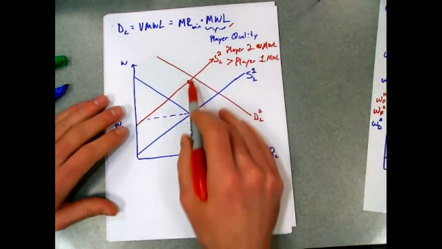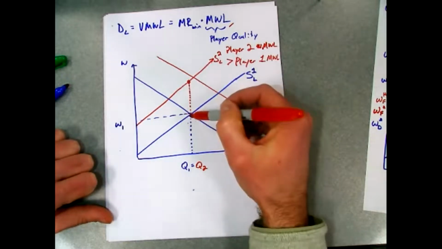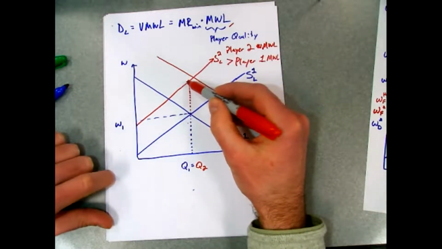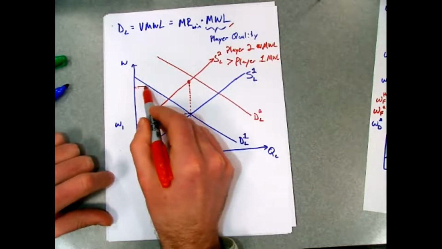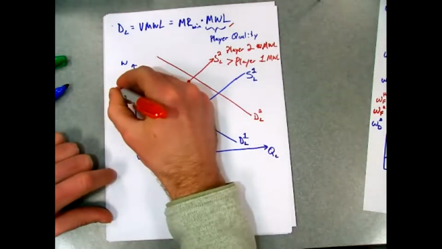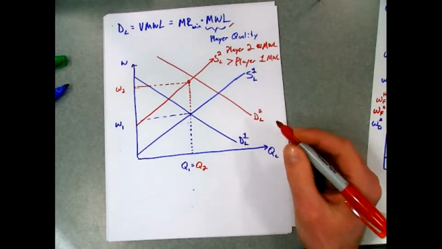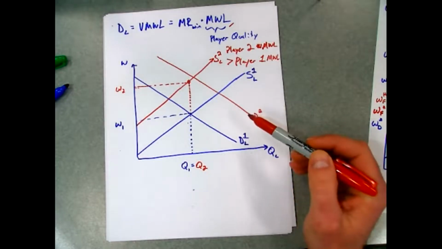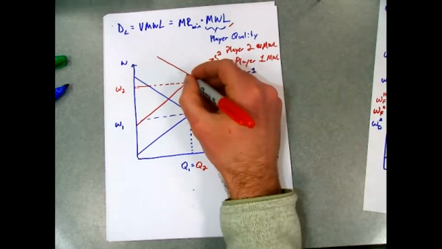This maybe points out that these two points wouldn't necessarily always be in the same place; it just depends on the size of the shifts. To get that same quantity of labor, I'm now going to have to pay that higher quality player wherever we're at on their supply curve. Now, am I okay with that? Well, as long as that wage is below the value of that player to my team, then I'd be okay doing that.